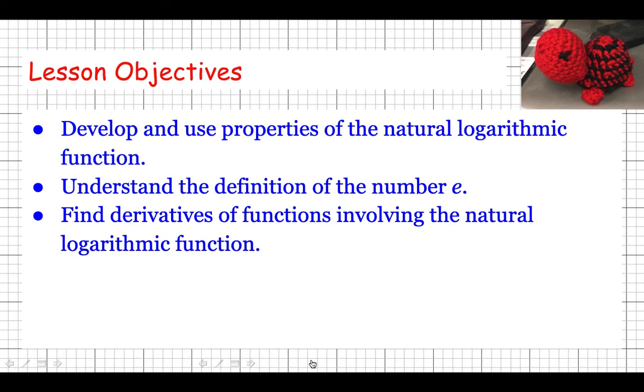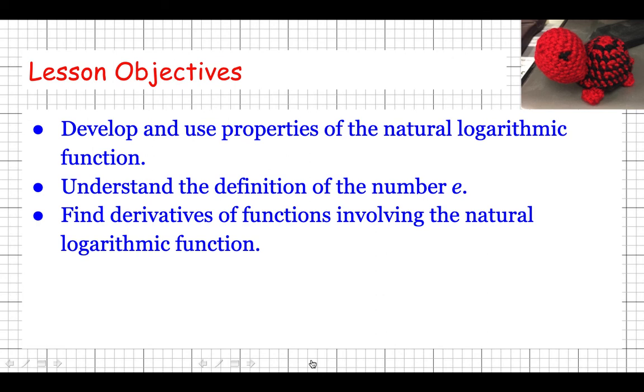We're going to develop and use properties of natural logs, and understand the definition of the number e. You've looked at natural log and the number e in your pre-calculus and algebra 2 classes, basically starting off by defining the exponential function and the log function and playing with it.